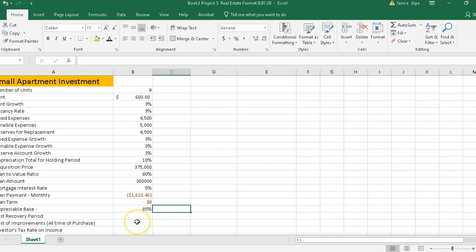So that would be calculated by taking the 85% times the acquisition price, which would equal $318,750.